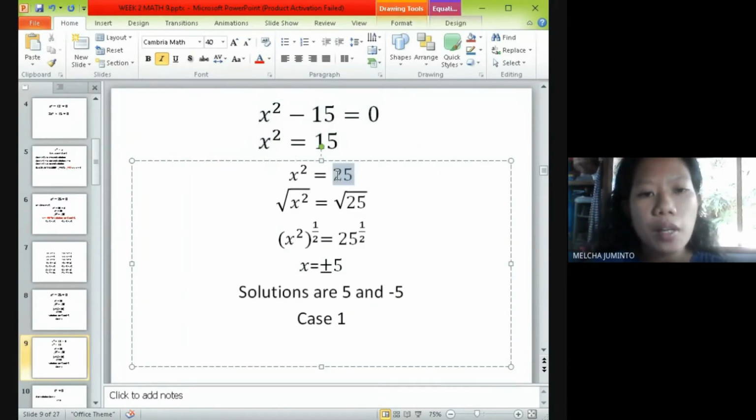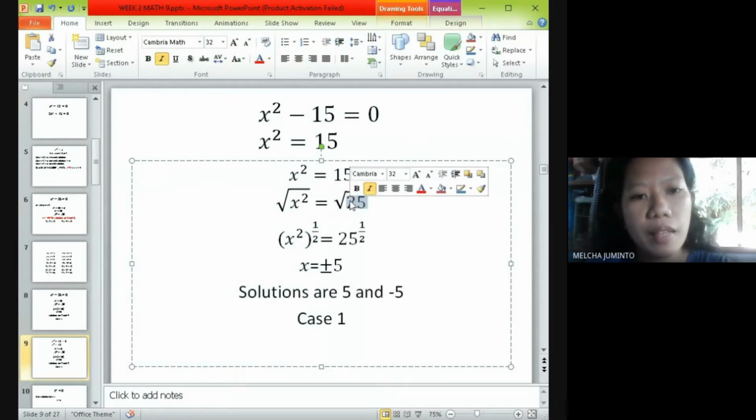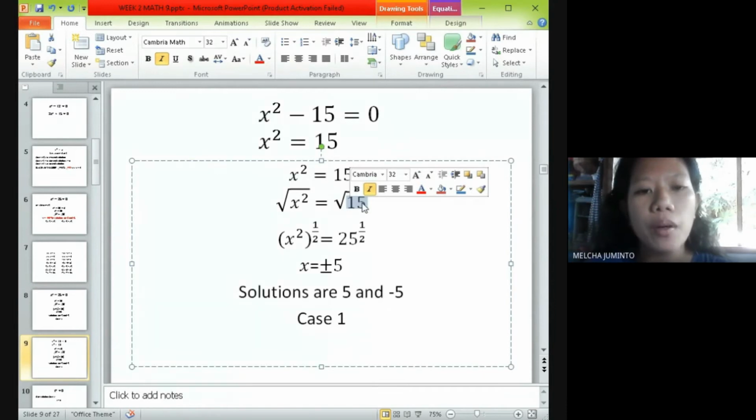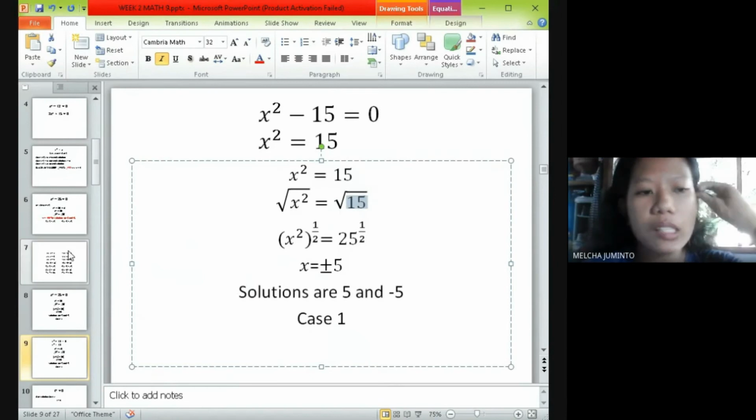To solve x squared equals 15, you will just follow the same way. Extract the square roots of both sides. So it will be the square root of x squared equals the square root of 15. But since 15 is a number wherein hindi siya perfect square, you cannot find 15 in this table.